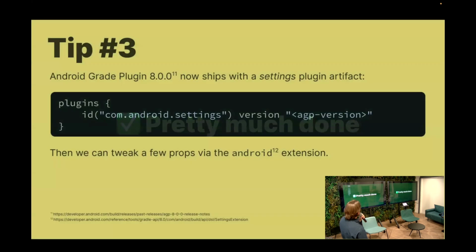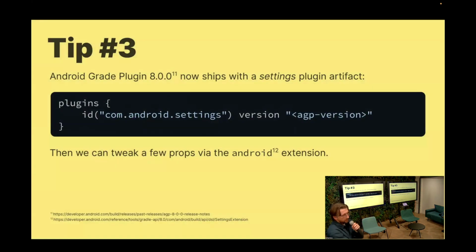Pretty much done. Now I want to give you a cool little tip that probably not many people know about: the Android Gradle plugin has its own settings plugin as well. It ships things like setting the compile SDK, min SDK, and a few other of these properties in one place in your settings Gradle file, instead of every single library or application build script.